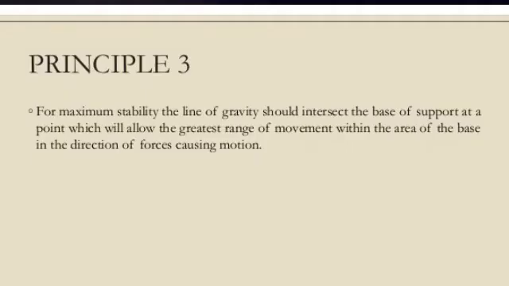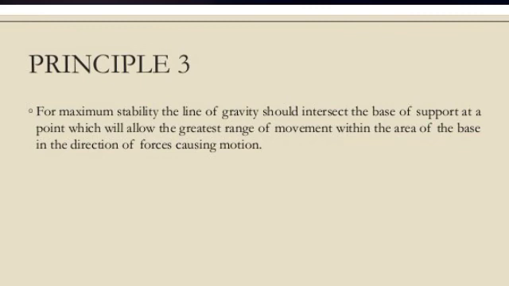Third principle is, for maximum stability, the line of gravity should intersect the base of support at a point which will allow the greatest range of movement within the area of the base in the direction of force causing motion. Stability can be increased by widening the base of support.